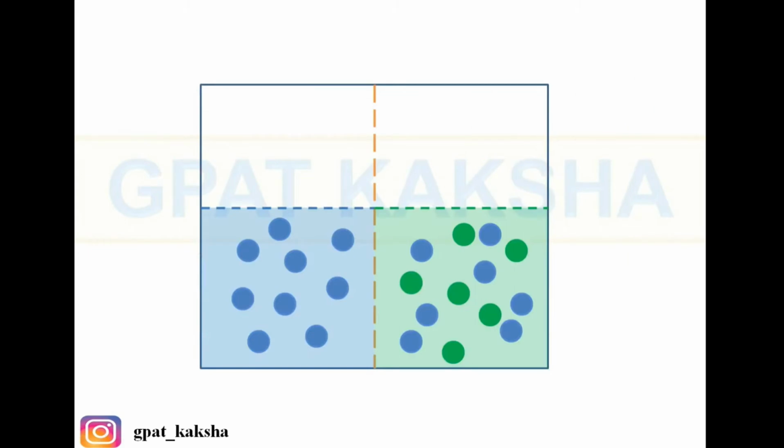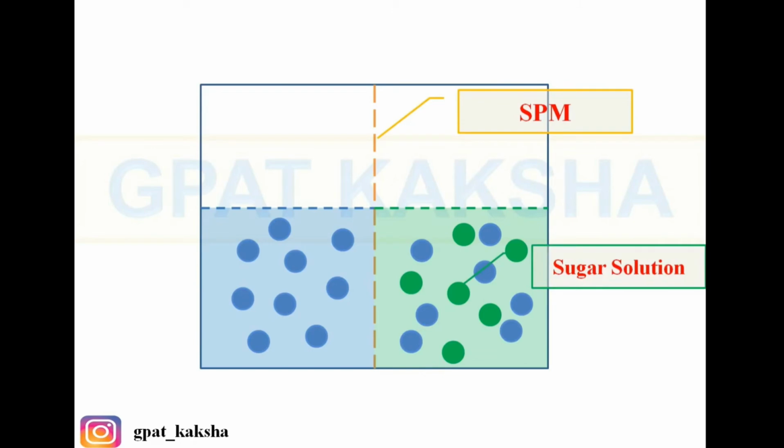We can understand osmosis better with this setting, in which two compartments are separated by a semi-permeable membrane, and one of the compartment contains the sugar solution and the other compartment contains the water. Now, as per the osmosis, there will be movement of the solvent molecule from a region of higher concentration to lower concentration.